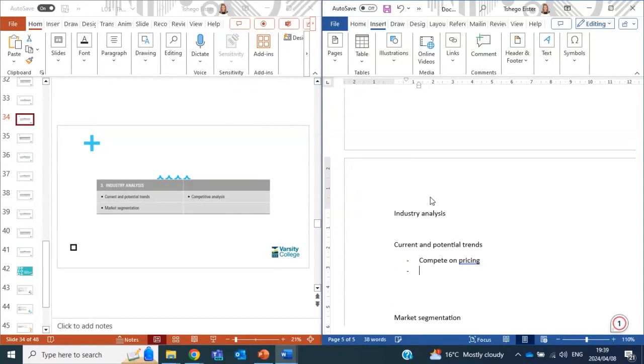Compete on pricing, but they also compete on uniqueness. So Woolies, for instance, we know them as a quality kind of store. Whereas Checkers, I know that they normally have one of the greatest cheese and wine offerings.